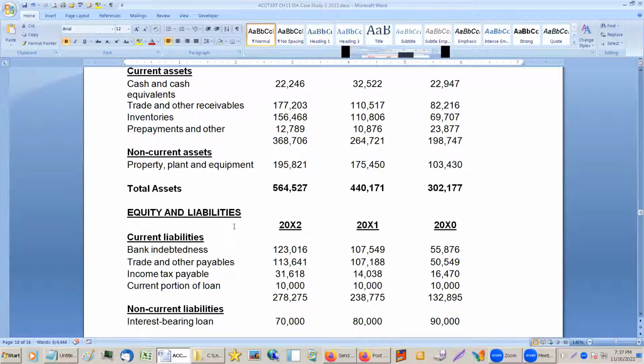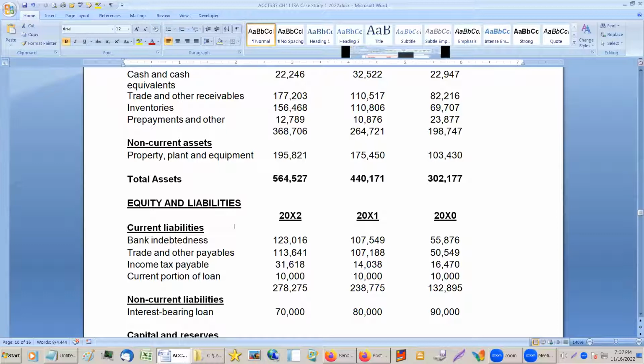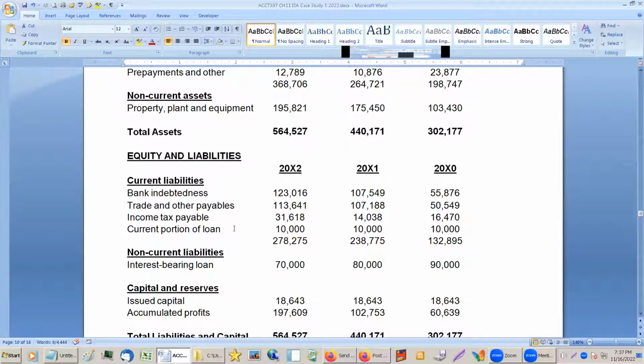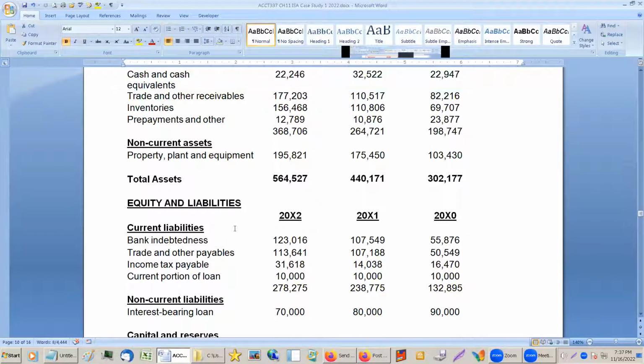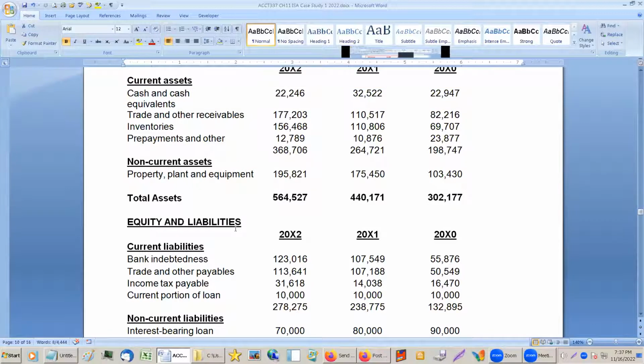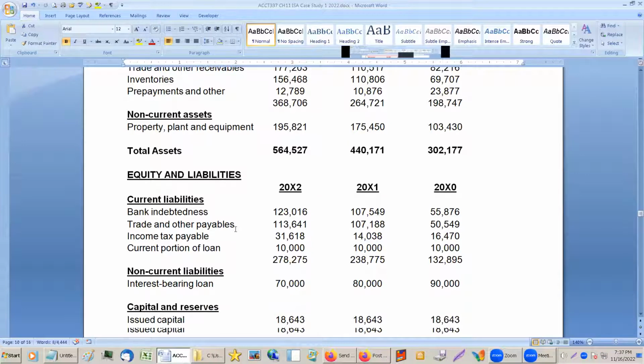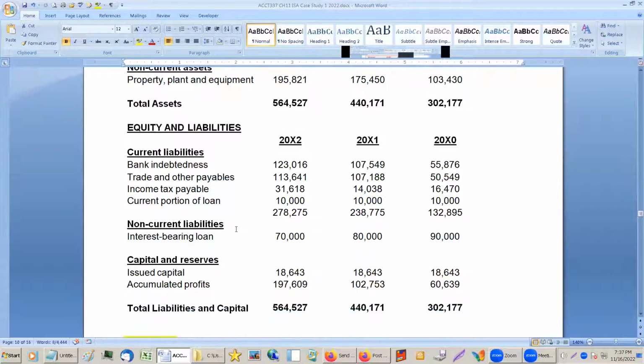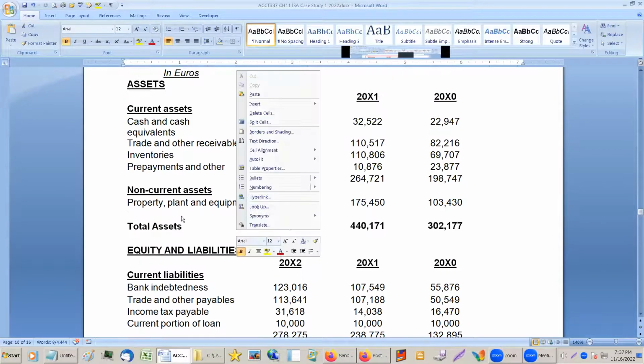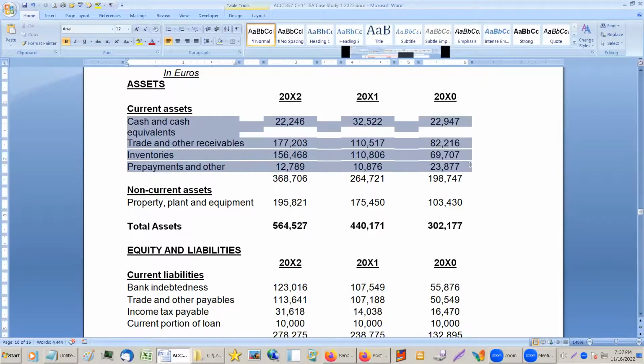And there are a couple of numbers that jump out on the balance sheet. I'll even narrow it down a little bit. It's in here.